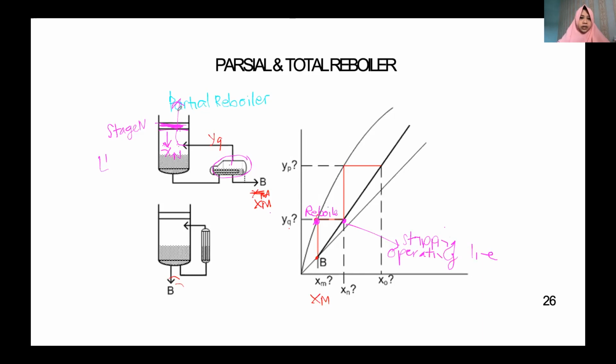How do we get YN? You can see this point, the equilibrium point. This is going to be the YN and XN. Or for this case, the YN is XP. So I'm just going to put YN.